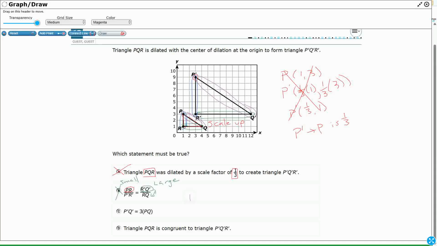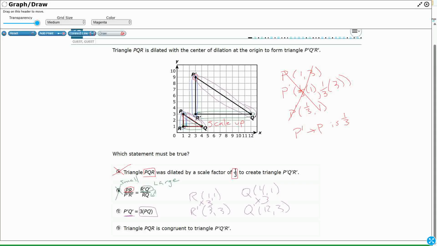So R is 1, 1, and R prime is 3, 3. Look at this, Q is 4, 1, and Q prime is 12, 3. You see how they both scale up by 3? So yeah, if you triple PQ, you are going to get P prime, Q prime. So this looks like it's good.